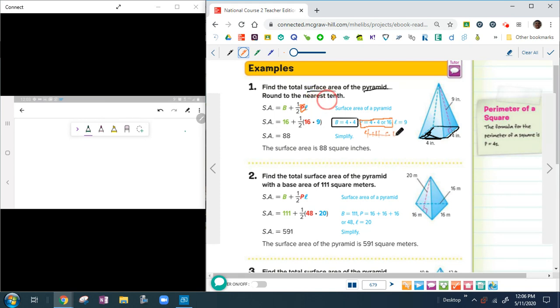Because for perimeter, we're adding up the side lengths. It just happened to be that there are four 4s, so that's also 4 times 4, but I don't want you to get confused that the perimeter is just multiplying the dimensions times each other. No, it's whatever the dimensions are, adding them up to get all the way around the shape to get the perimeter.